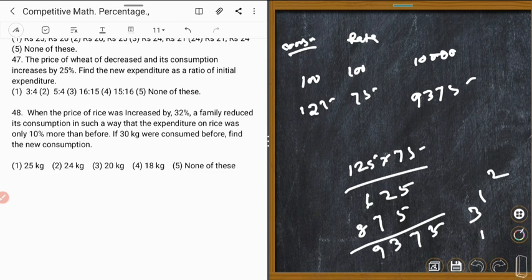That is 9375 is to 10000. We shall do it. What is the ratio? Shall we do it?